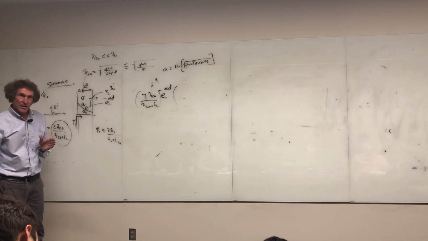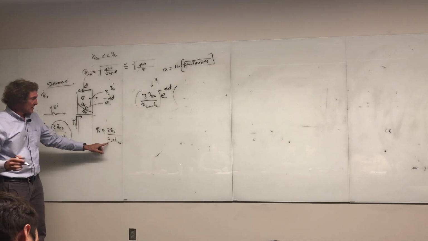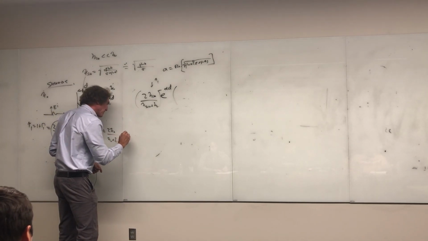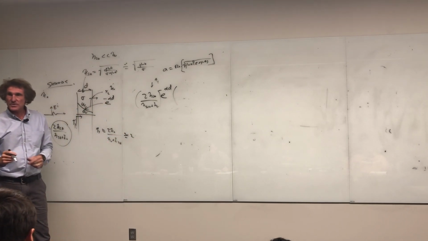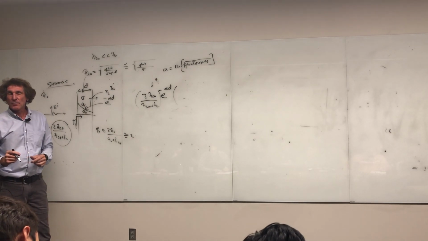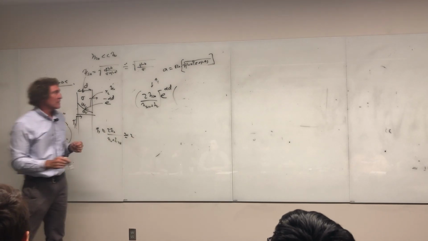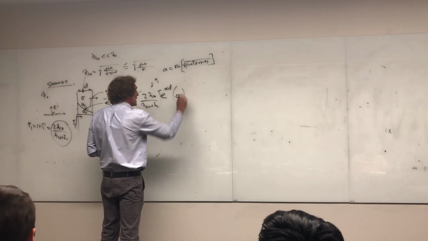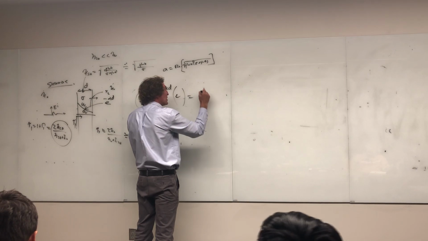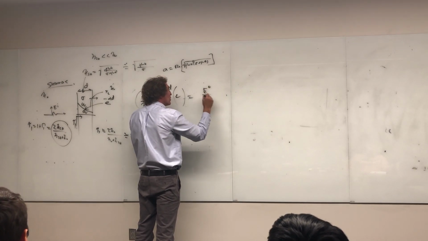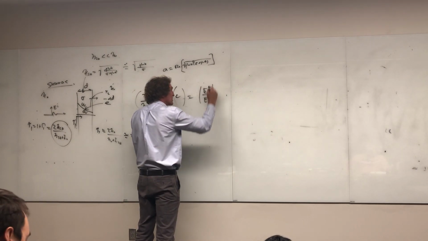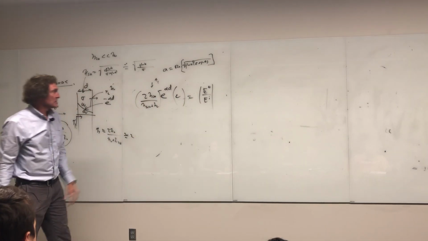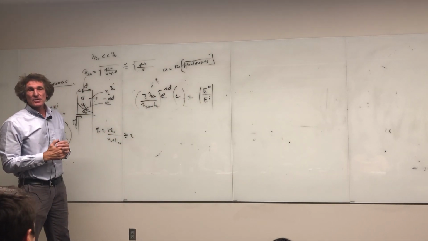If eta shield is much less than eta naught, it's about 2. You all see that? I know I'm over time, but bear with me. If I multiply this by 2, I have the ratio of the magnitude of E transmitted over E incident. From there I can take 20 times the log of that, and I get the shielding effectiveness.